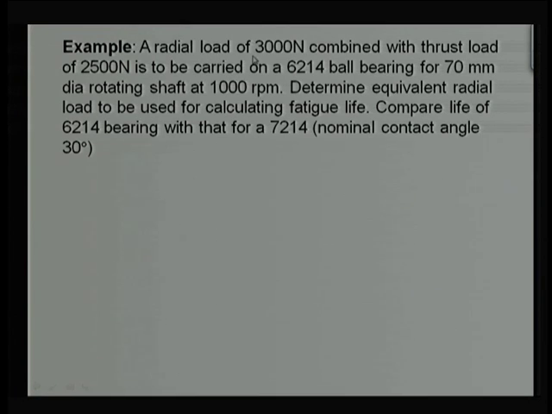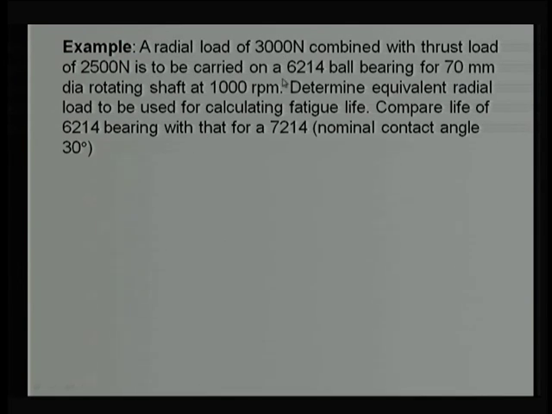Let's consider a bearing subjected to 3000 Newton radial load with thrust load equal to 2500 Newton. You can see the ratio 2.5 divided by 3 is a very high ratio, more than 0.8.